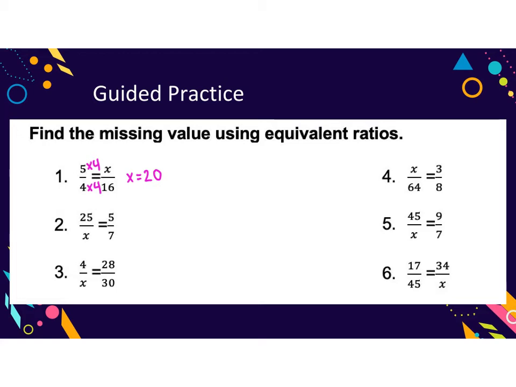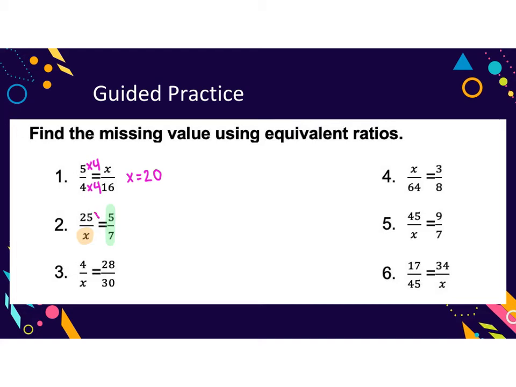For question 2, we're looking for our value of x. And this time, I know both of my numerators. So I would want to look at my complete ratio that I know, which is 5 to 7. I would want to see how we got from 5 to 25.